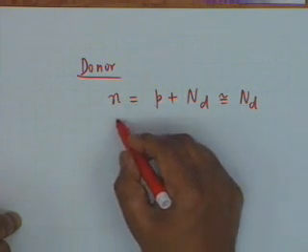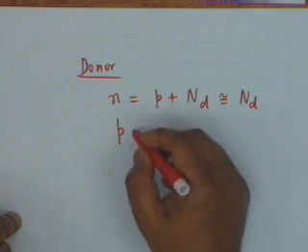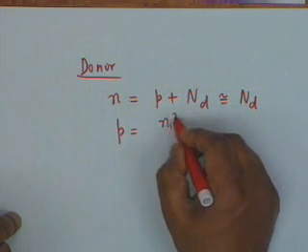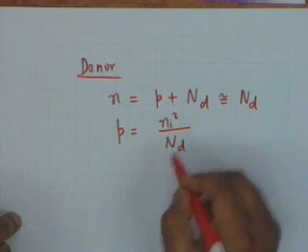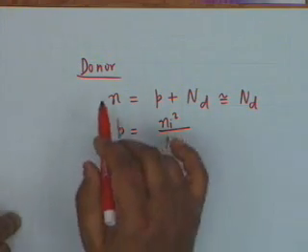And then the concentration of holes shall therefore be equal to Ni squared divided by Nd. All right. This is what type of semiconductor now with a donor impurity? N type.